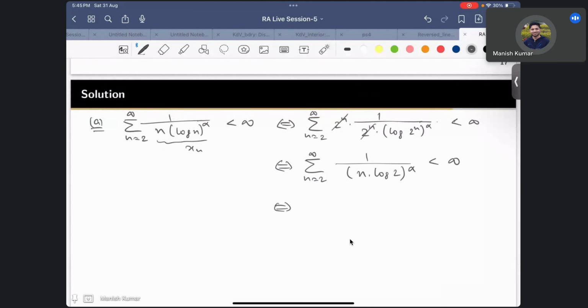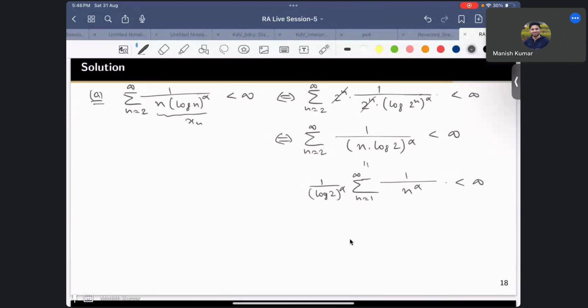So we get 1 by log 2 raised to the power alpha, which is a constant term, and then the summation n equals 1 to infinity of 1 by n raised to the power alpha. This is finite if and only if this series is finite, because the constant term we don't care about. So you can forget about this term.